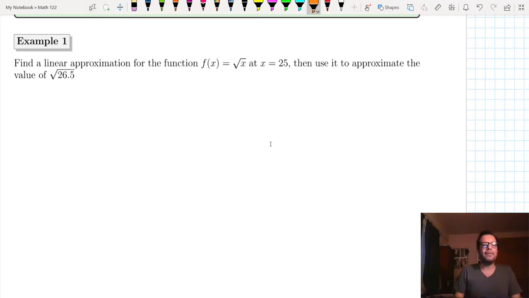So we have this function, f of x equals square root of x, and they're asking us to develop a linear approximation around the point x equals 25. Then we are going to use this approximation to approximate the value of the square root of 26.5.